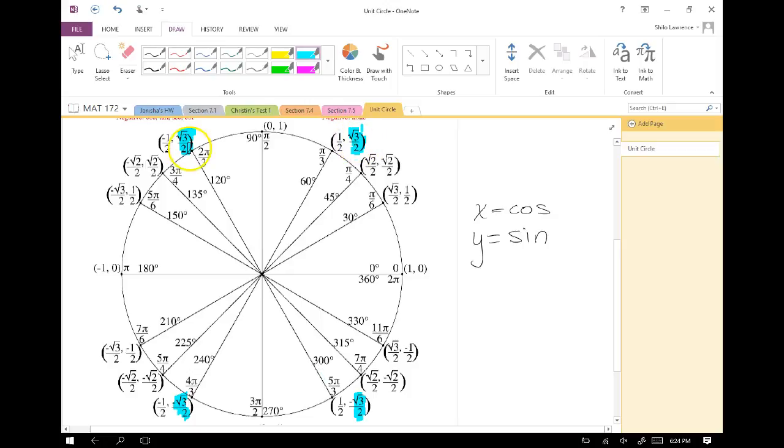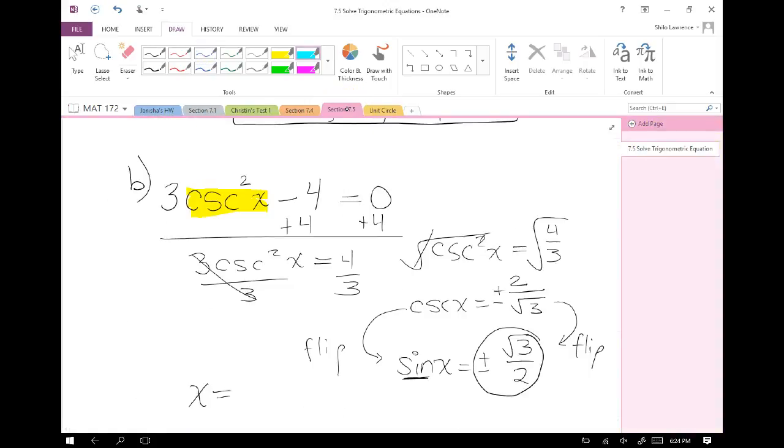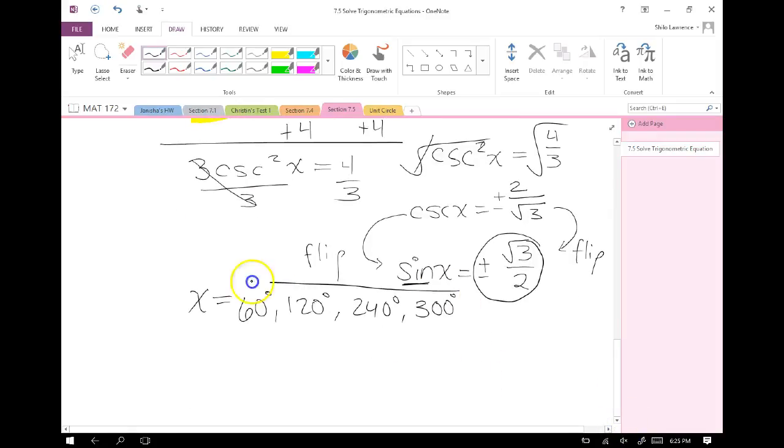We've got y values of either positive or negative radical 3/2. So x could equal any of those 4 angles: 60, 120, 240, or 300. And yes, that's the exact same answer we got last time, but it's a completely different equation. There's only so many answers on that unit circle.